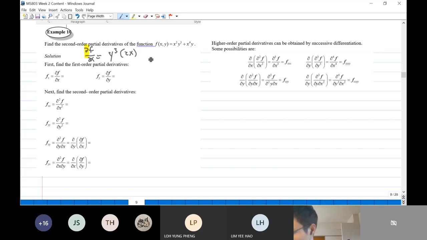So this one I know is 2x y cubed plus 4x cubed y.